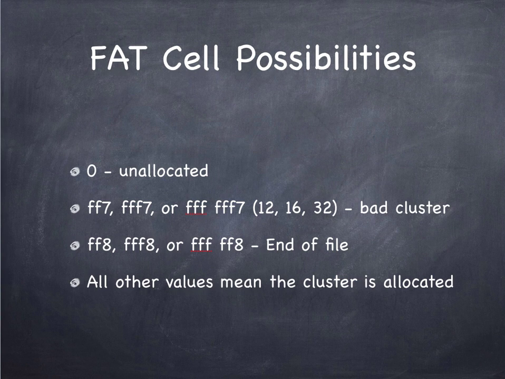You have a series of F's followed by a 7, which means bad cluster. Or a series of F's followed by 8, or you'll notice that in our FAT32 thumb drives that we use in class, they actually end in 0. That's fine. And this symbol means end of file. And all of the other values mean that cluster is allocated.